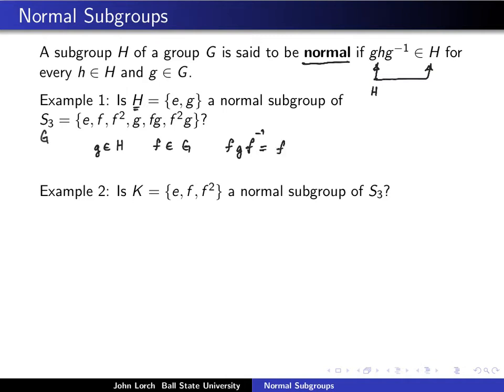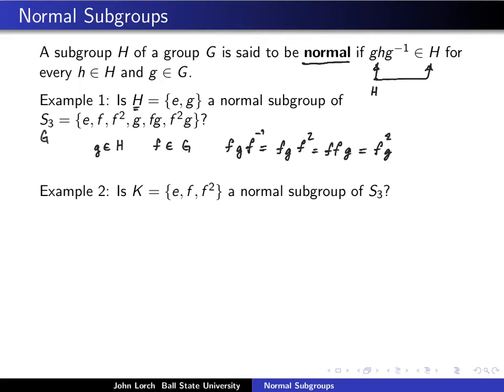But remember that F inverse is F squared, and also remember that GF squared is the same as FG. And so the end result of this conjugation gives us F squared G.